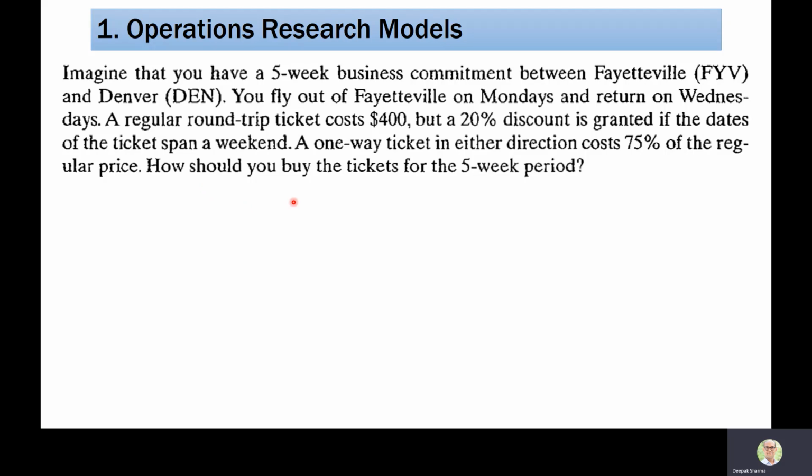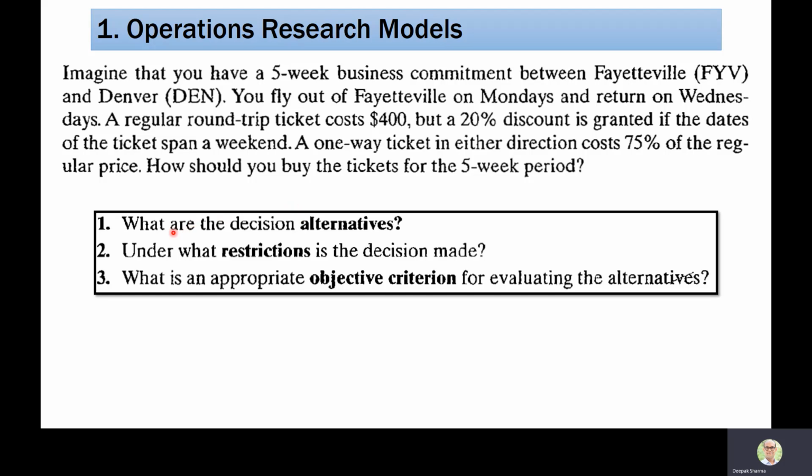So in this case, when we have multiple ways to buy a ticket, the first question is, what are the decision alternatives? Decision alternative means what kind of different tickets I can buy, because that will be costing differently. Second is, under what restriction is the decision made? Decision means we have to fly on Monday and come back on Wednesday.